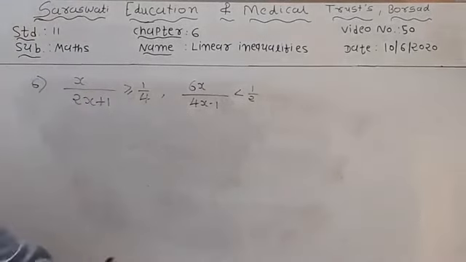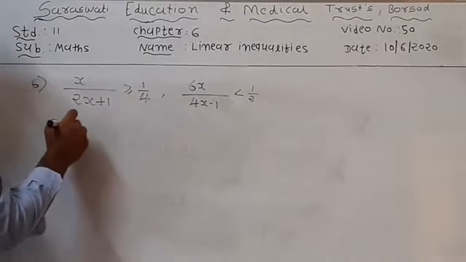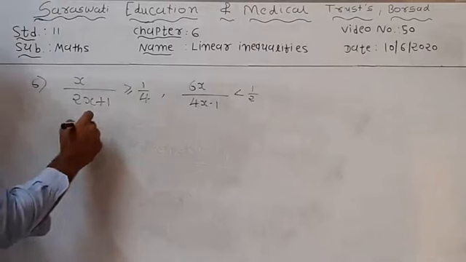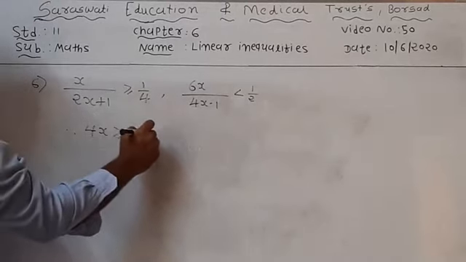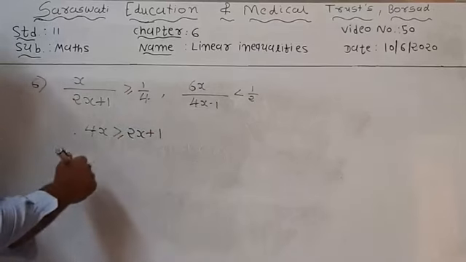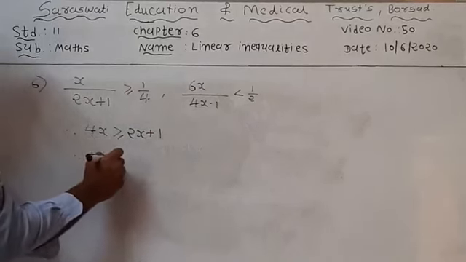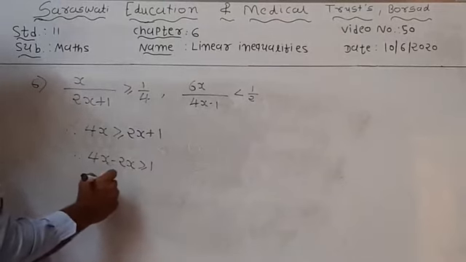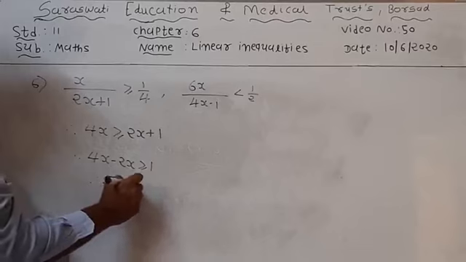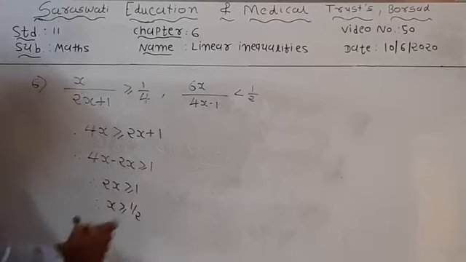So again, cross multiply: 4 multiplied this side and 2x + 1 multiplied this side. So 4x greater than or equal to 2x + 1. 2x written on the opposite side, so 4x minus 2x greater than or equal to 1. Therefore 2x greater than or equal to 1, x greater than or equal to 1/2.